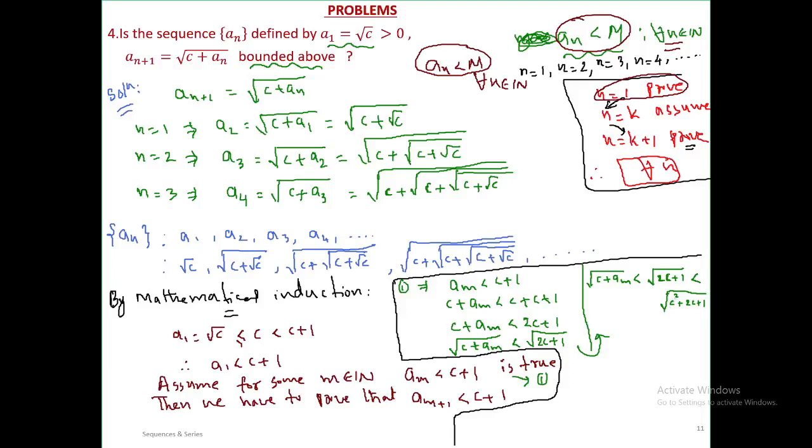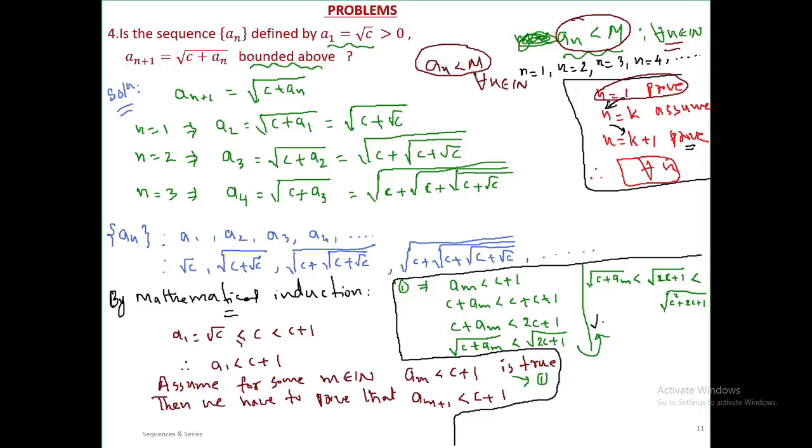This is a positive number. Okay. Look at the question: root C is positive. Then if you square it, you will get C, right? That is obviously positive. So look at C squared, again square it, it is positive. So adding one positive number, therefore this becomes more. Now look here.